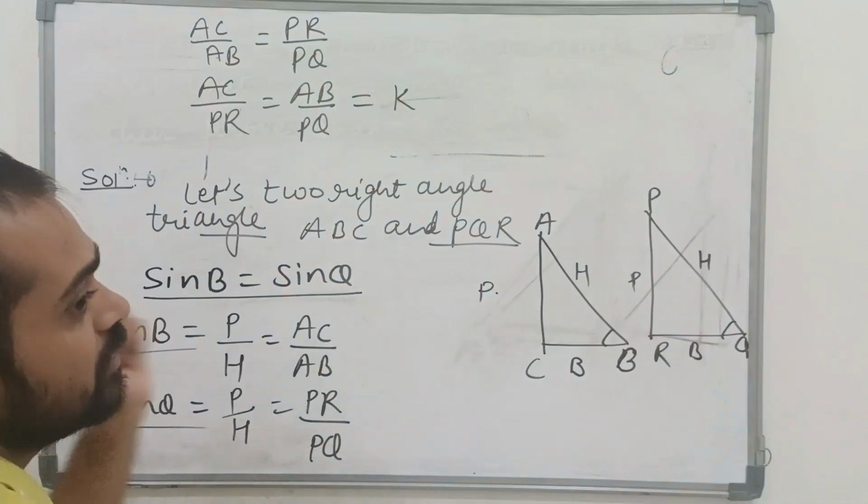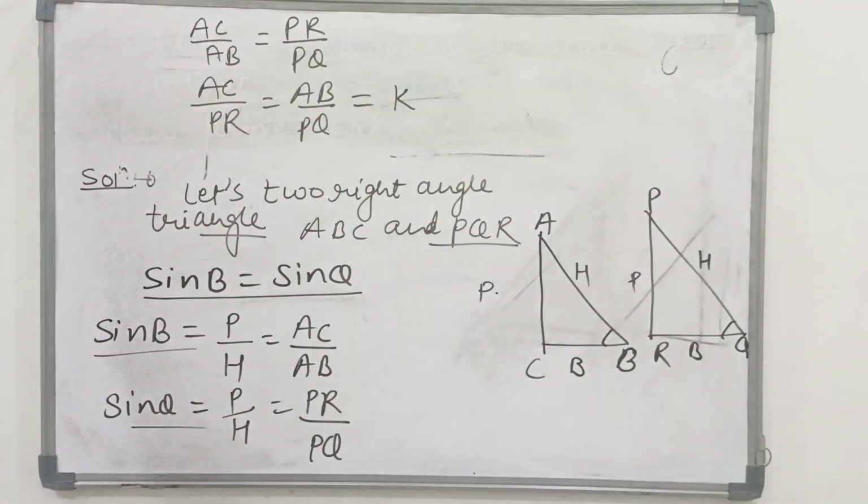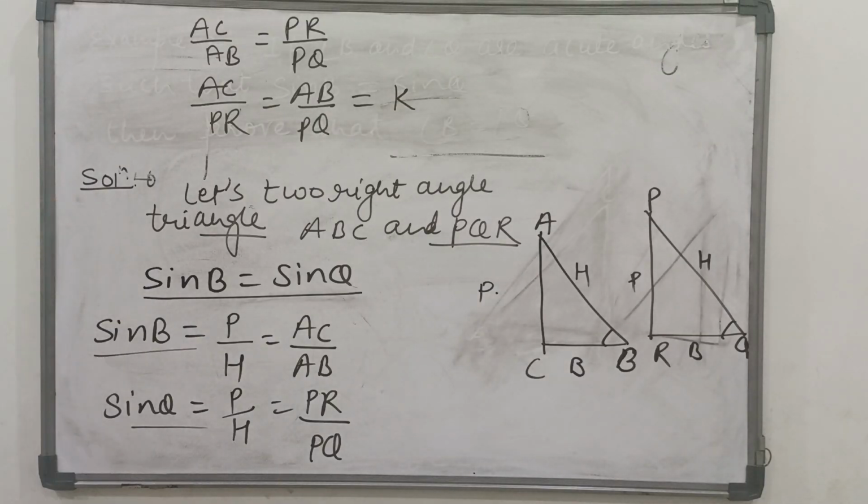Then we can say that angle B is equal to angle Q. How? Let's see. We will solve.